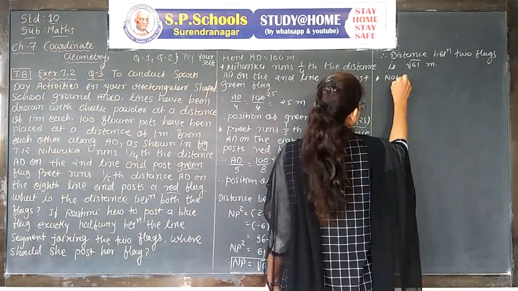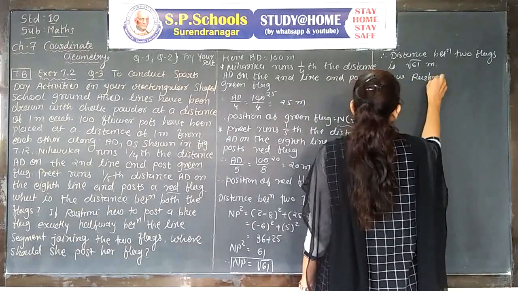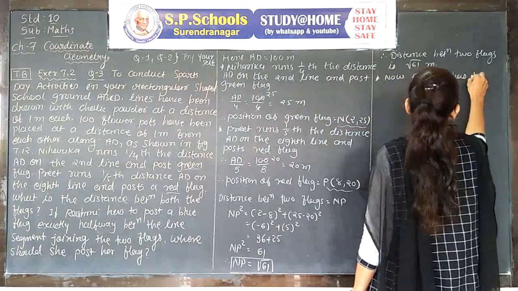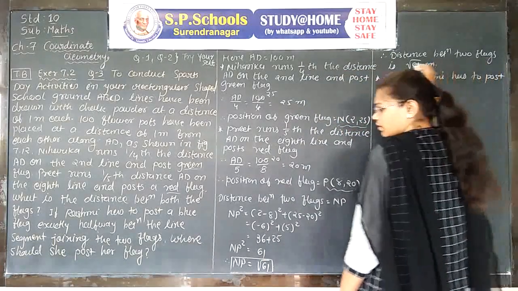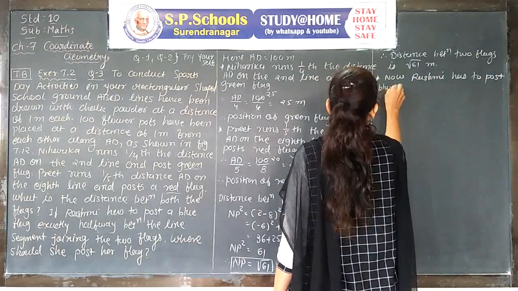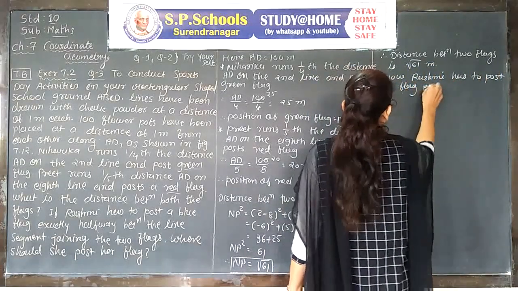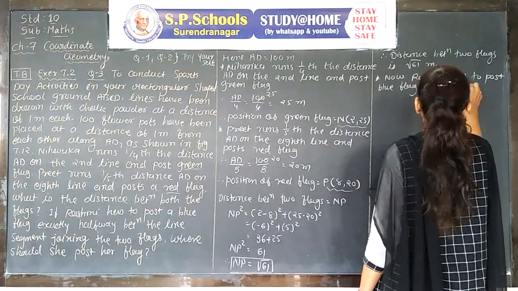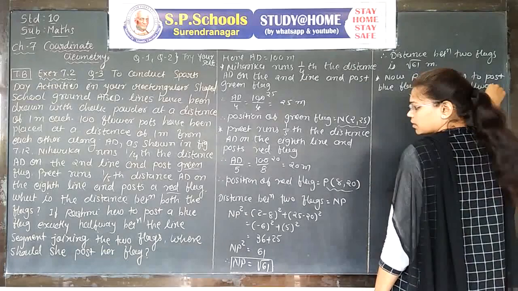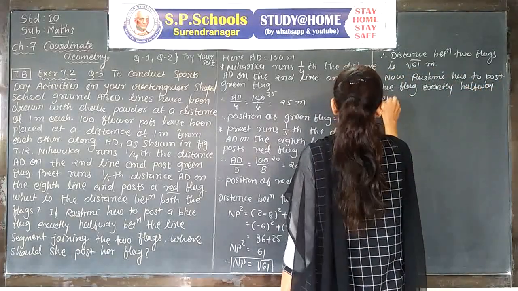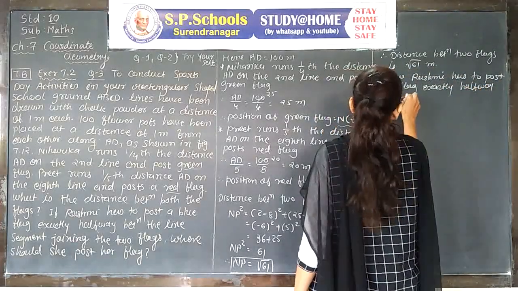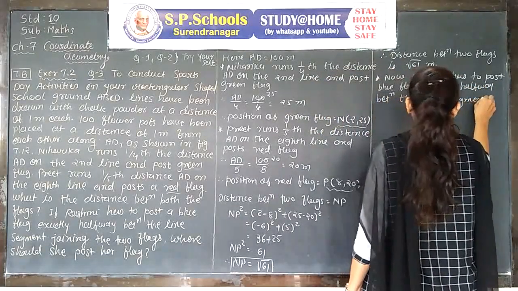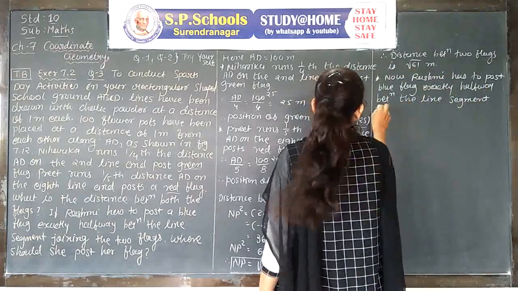Now Rashmi has to post a blue flag exactly halfway between the line segment joining the 2 flags.